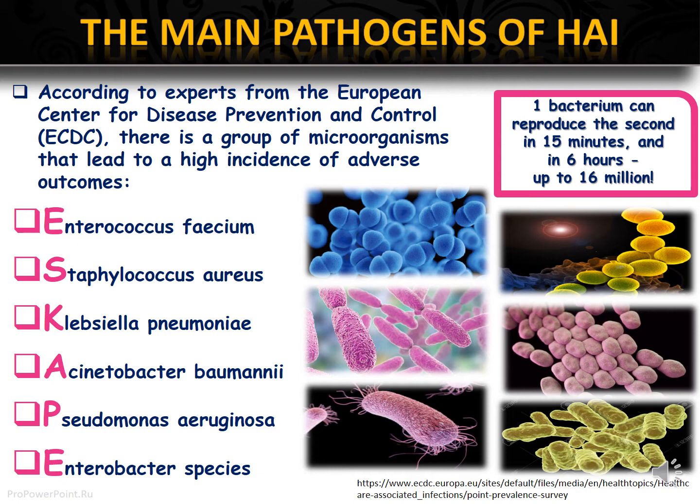I want to highlight that it's very necessary for your understanding which pathogens form healthcare-associated infection, because when we describe their life, one bacterium can reproduce a second in 15 minutes, and in 6 hours up to 16 million bacteria in our organism, or on medical equipment, or in the environment.